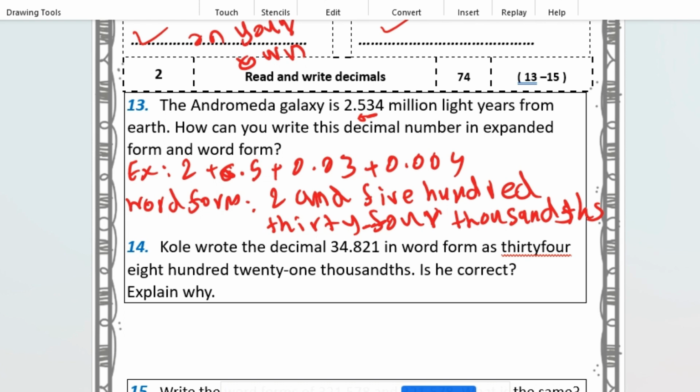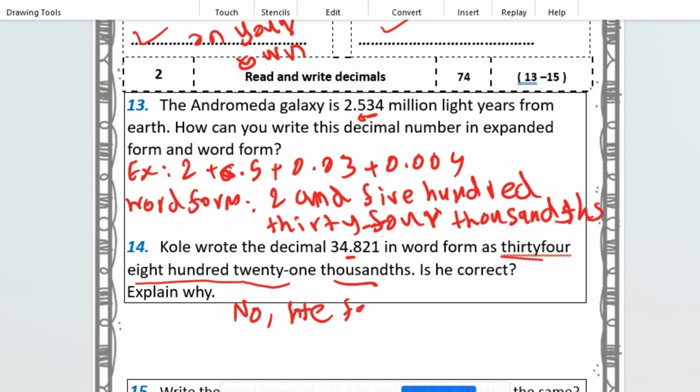Now Cole wrote the decimal 34.821 in word form as 34,821 thousandths. Is he correct? Yes or no? So he got the 34 correct, and he got the 821 correct, but he missed a small tiny detail, which is the decimal point. So this is incorrect.